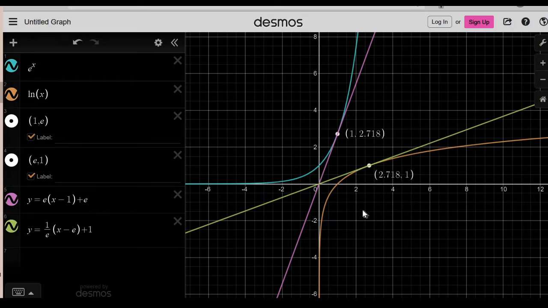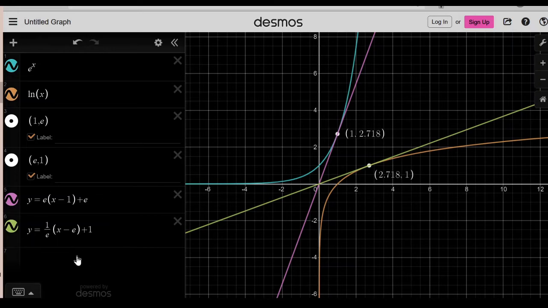And I've also drawn the tangent line at the sister point in natural log of x, at this location where y is 1 and x is e. Is there any relationship between the slopes of these two tangent lines? In other words, is there any relationship between the derivative of an original function and the derivative of its inverse?